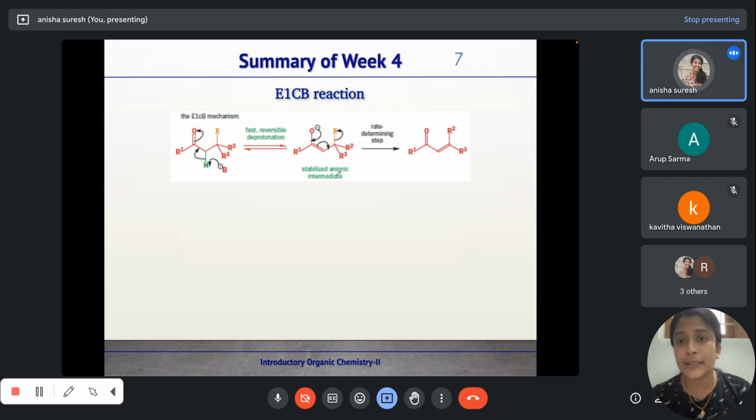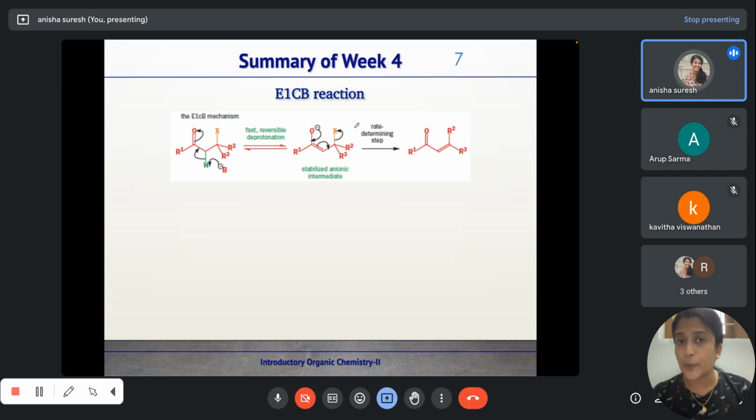This will be the rate determining step, and here only one substrate is involved. If we consider the rate equation, the number of starting materials involved is only one. That is why it is known as E1cB. So this was the mechanism of the E1cB reaction.